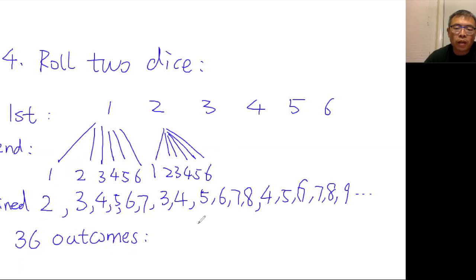So the probability of getting 2, let's call it P2, equals 1 over 36. Similarly, you can calculate the probability of getting 3. There's one 3 here, another 3 here. So the probability of getting 3 is 2 over 36, which is actually 1 over 18.